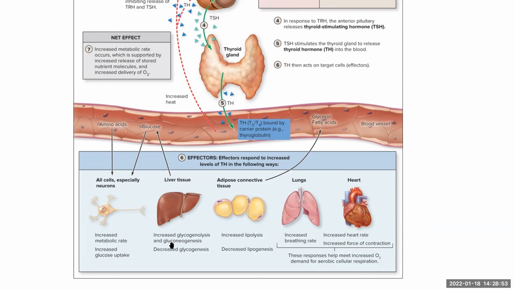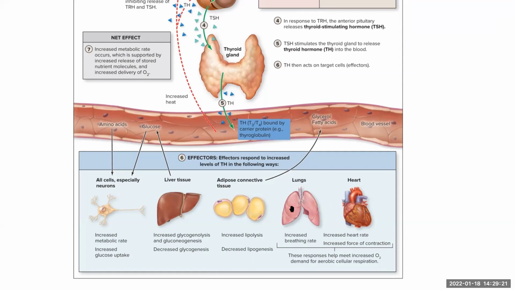And we'll make glucose from non-carbohydrate sources utilizing gluconeogenesis. At the same time, we're going to stop the making of glycogen. There's no point in doing two opposite things. And then, of course, in adipose tissue, increase lipolysis. We're going to release triglycerides, and we're going to decrease the storage of triglycerides.